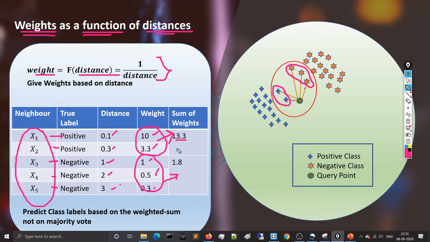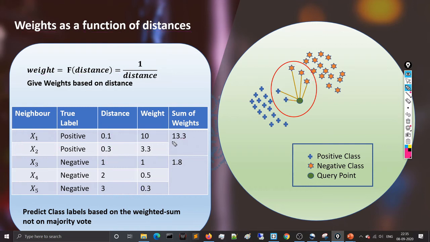Here in this case you can see that the weighted sum is higher for the positive class, so we will consider this green query point as positive class. So here we are predicting class labels based on the weighted sum, not on the simple majority vote that we have discussed. This is sometimes needed when we think that this kind of special case might appear.